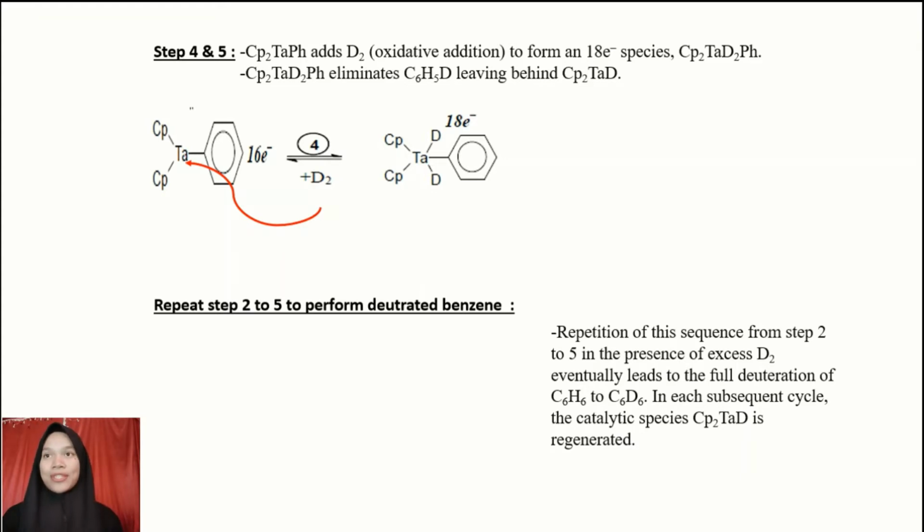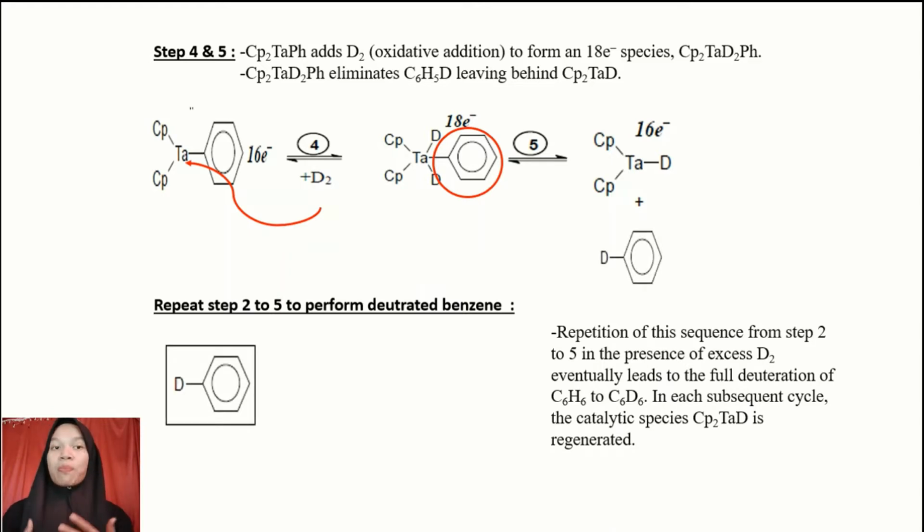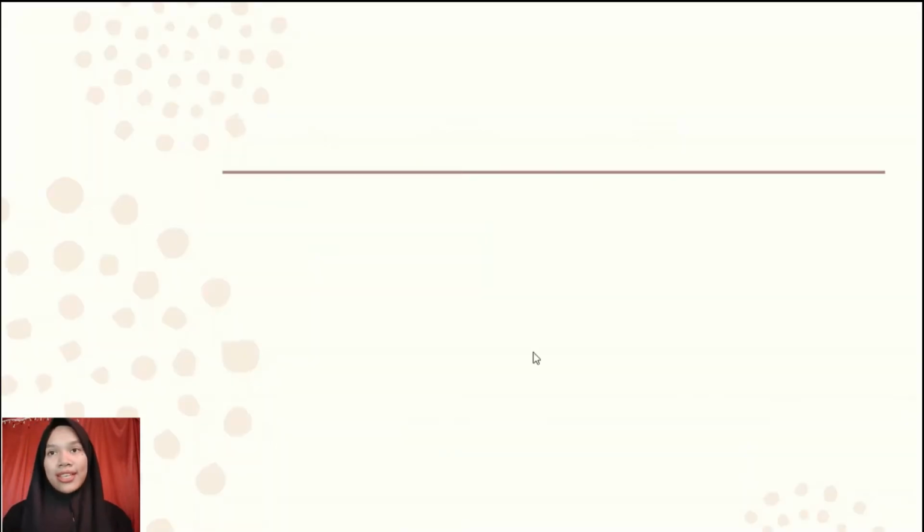For the last step, the stable Cp2TaD2Ph is eliminated to give C6H5D and another product, Cp2TaD. The process is repeated from step number 2 to step number 5 to form deuterated benzene.